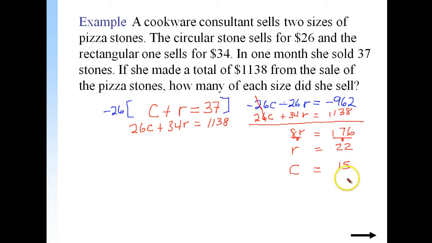So once again, what's your answer statement? Well, she sells 22 rectangular stones and 15 circular stones. Here, the use of the letters R and C are useful in identifying which product you're dealing with.